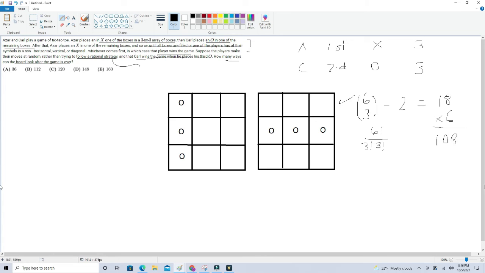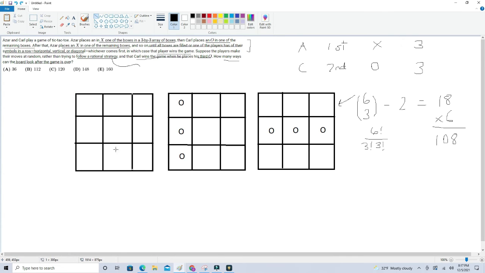But here's the deal. At this point, we still haven't dealt with a fundamental part of tic-tac-toe, and that is getting a diagonal win. So let's just draw one example. Okay, so here is my slightly less gorgeous grid, but still great grid. In this, we're going to set it up as if Carl wins by placing his third O along a diagonal.